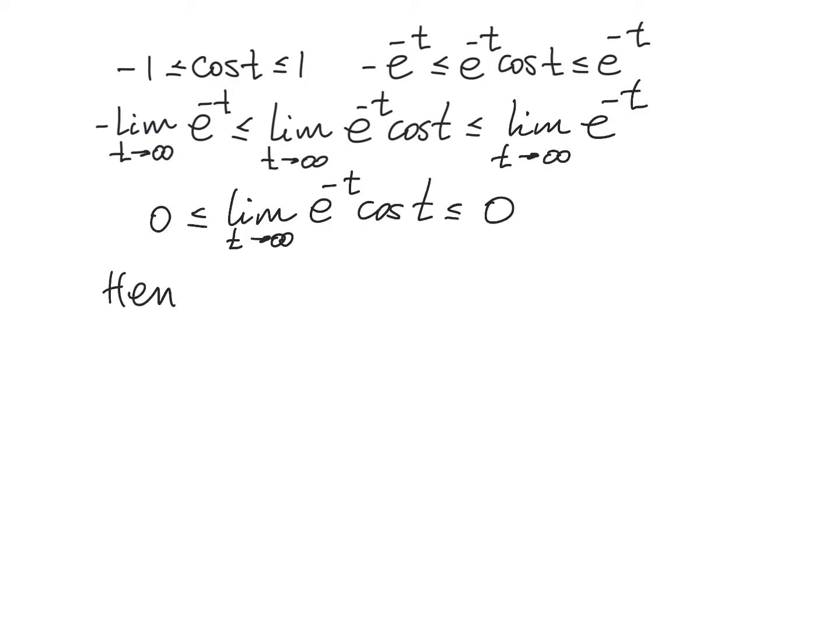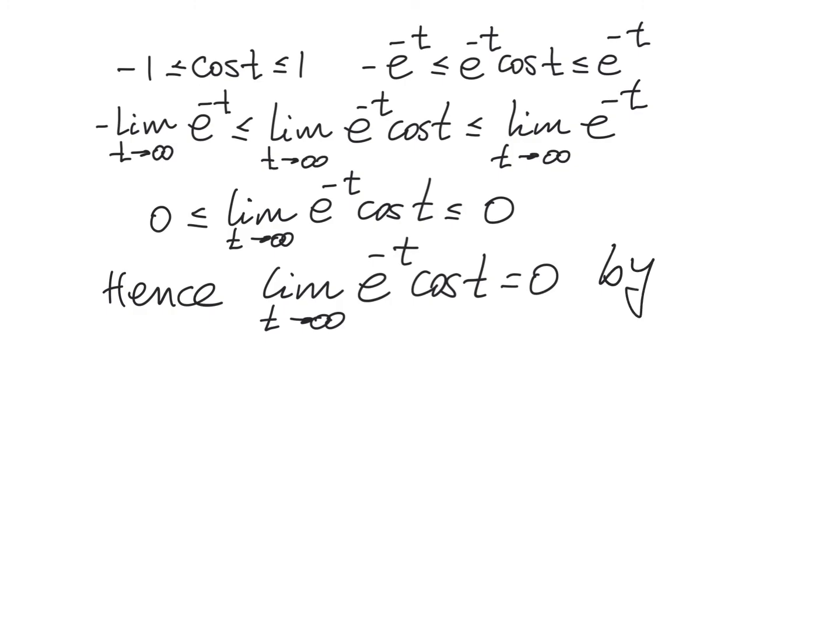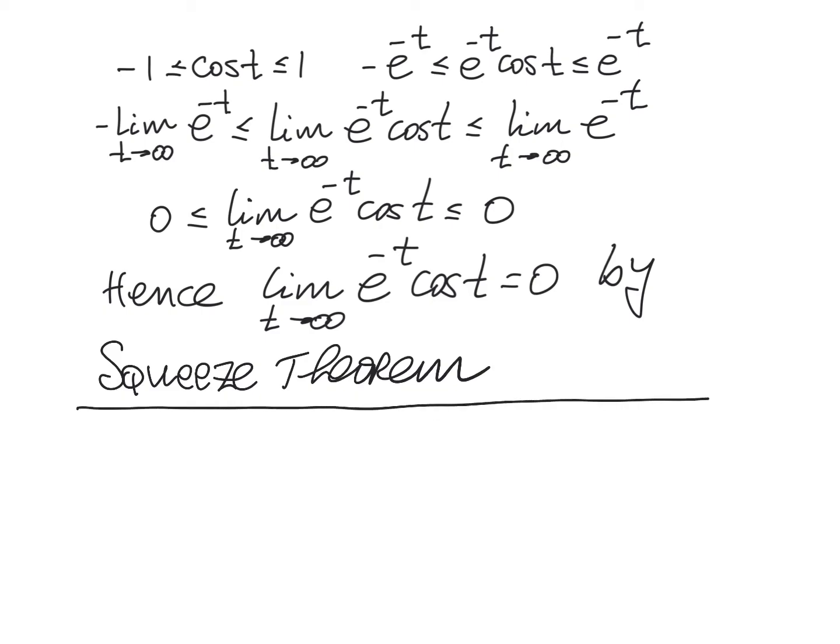And that means that the limit as t approaches infinity of e to the negative t cosine t is 0 by the squeeze theorem. And same thing for the other limit.